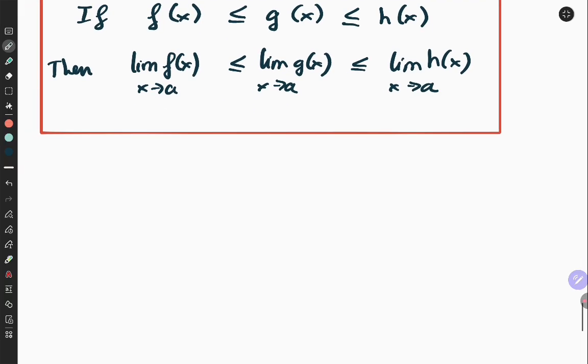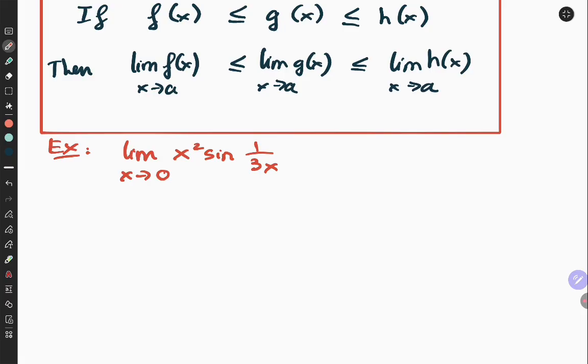Let's do an example. I'm going to give you something that is not easy to find directly. None of our techniques so far work with this. The limit of x squared sine of 1 over 3x. It's really erratic.